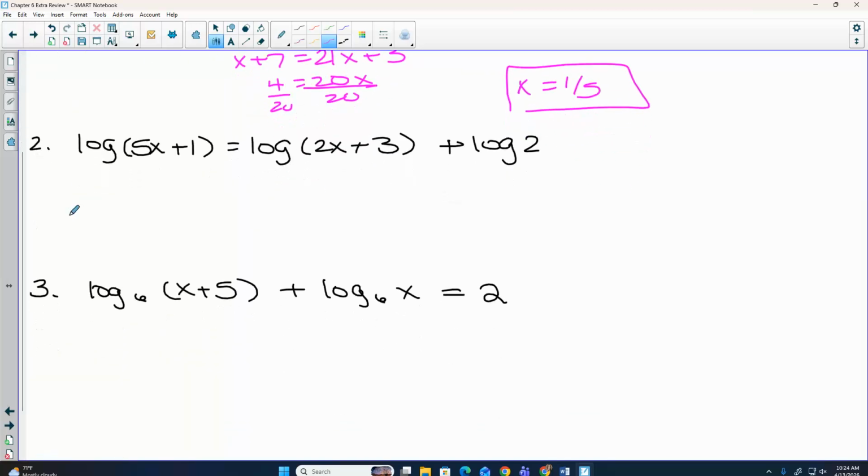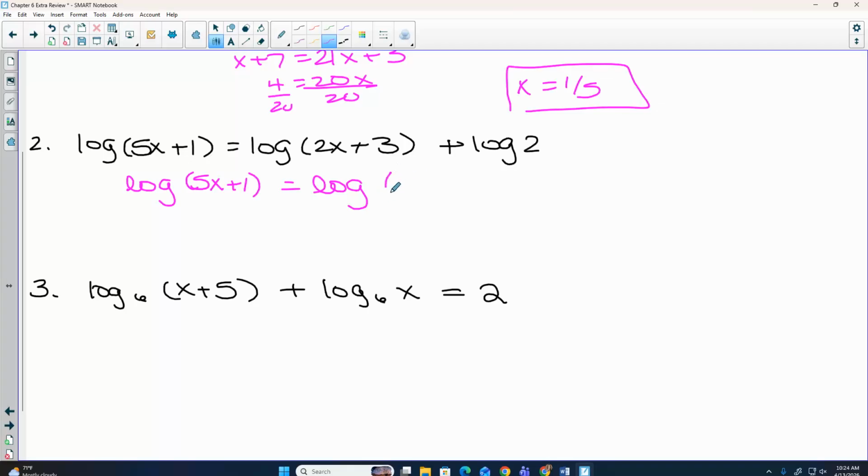All right, number 2. What did you do first? Condense. We only have one log on the left. On the right, how do I put those together?